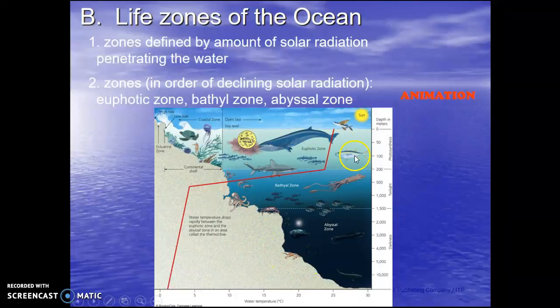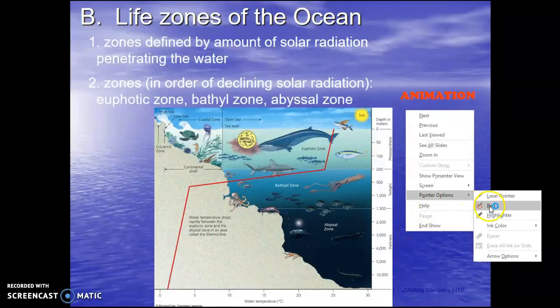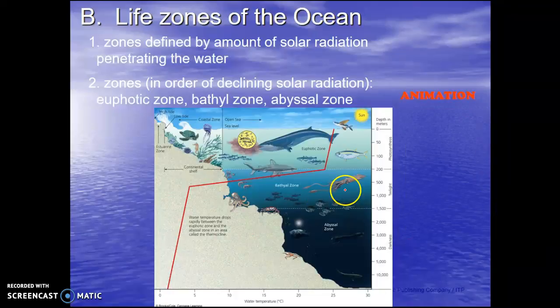In the open ocean over here, we call this the pelagic province of the ocean, which is then divided more into different regions. Okay, so basically if I put on my ink pen right here, everything over here is the pelagic province.